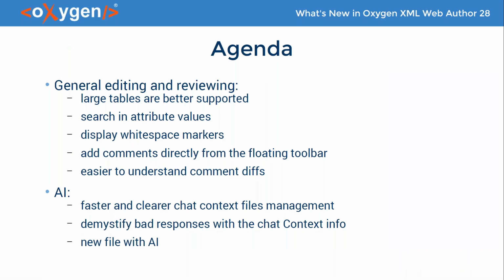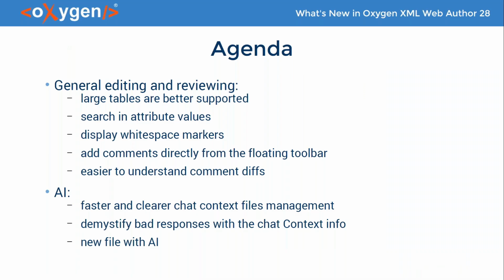In the first part, I will present the general editing and reviewing features, such as the better support for large tables, the search in author mode that now can search inside attribute values, the possibility to display whitespace markers, and the add comments button that is now available on the floating toolbar. Also, the new differences side view that better explains this.